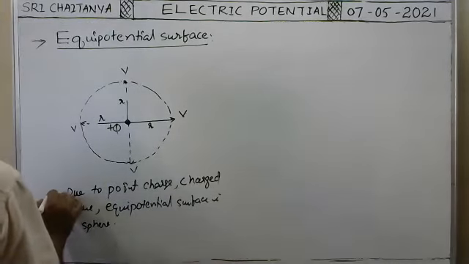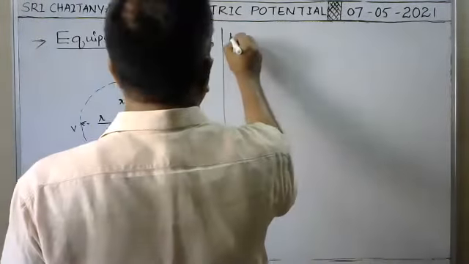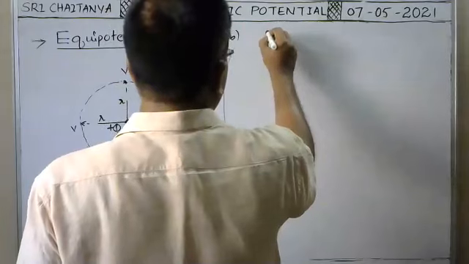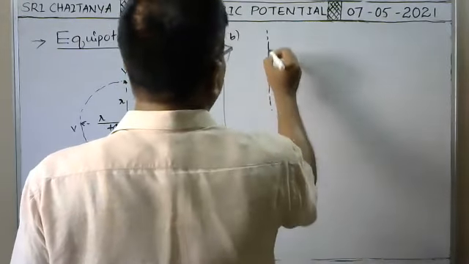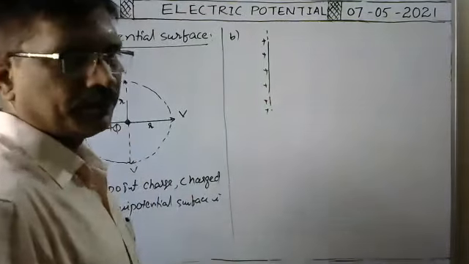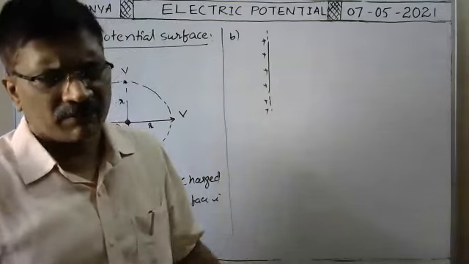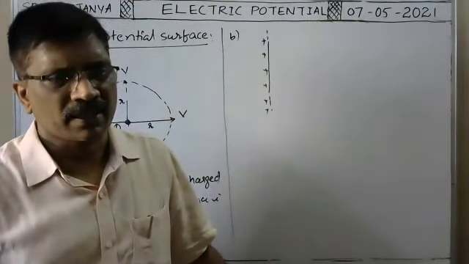Next, due to a linear charge, suppose this is the linear charge like Y. Due to the linear charge, what is the nature of the equipotential surface?